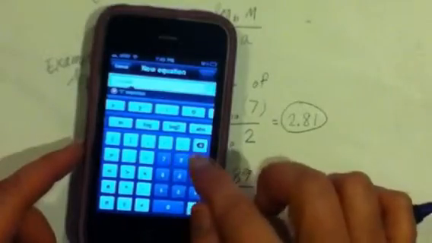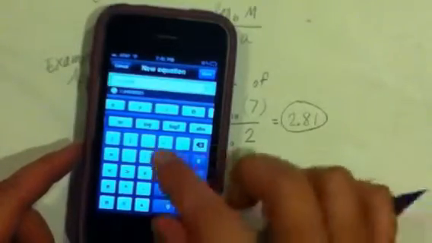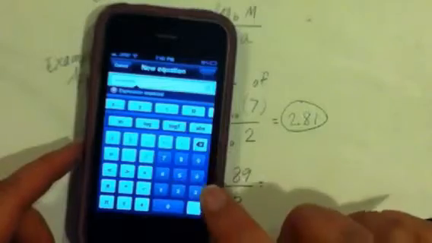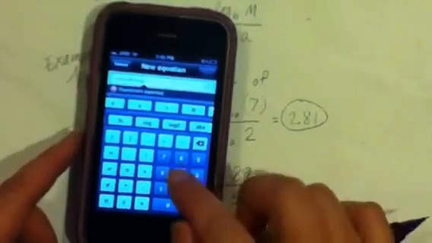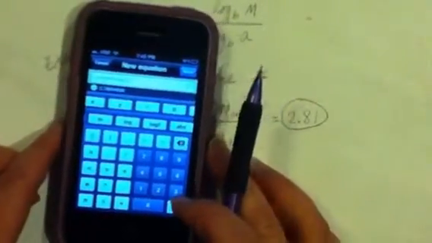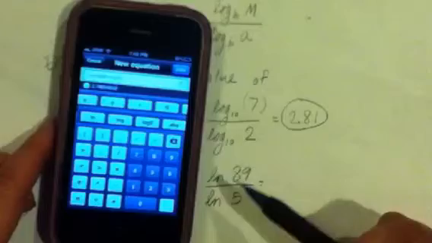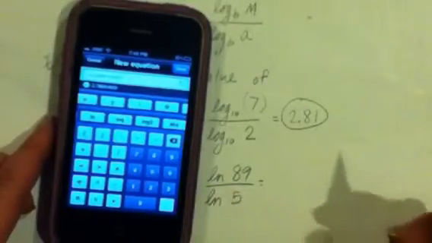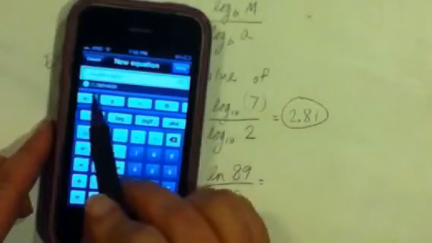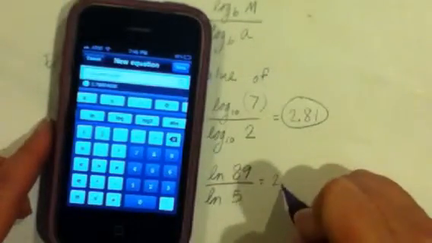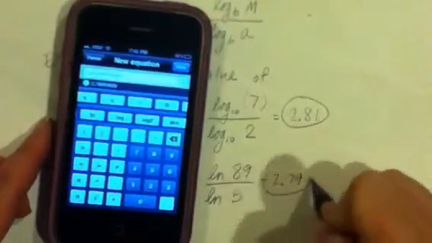So we would type in log 89, close the parenthesis, very important, divided by the log of 5. Now I just realized that I started typing this with a regular log base 10 instead of a natural log. It shouldn't make any difference as long as they're both the same. So if we look in here, we can see the answer is 2.79 rounded.